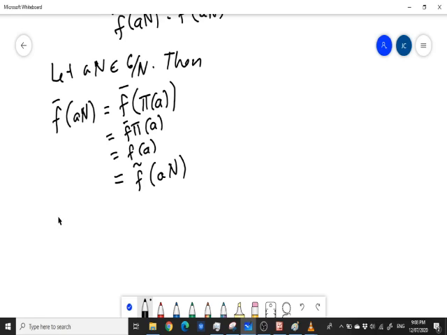Therefore, f bar equals f tilde on G mod n, and they are the same function, and therefore f bar is unique.